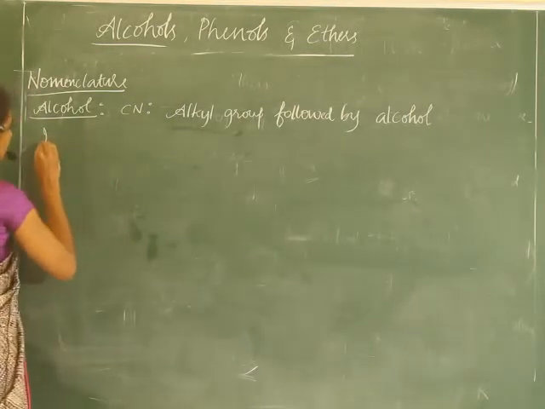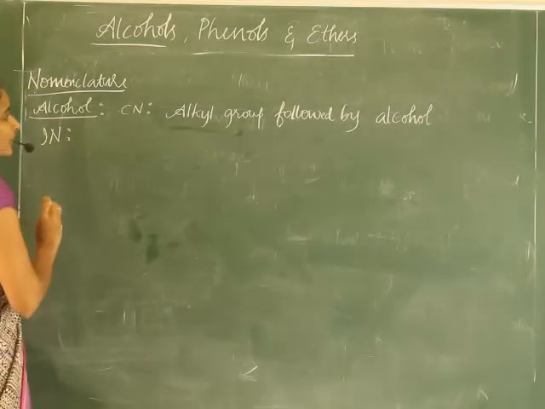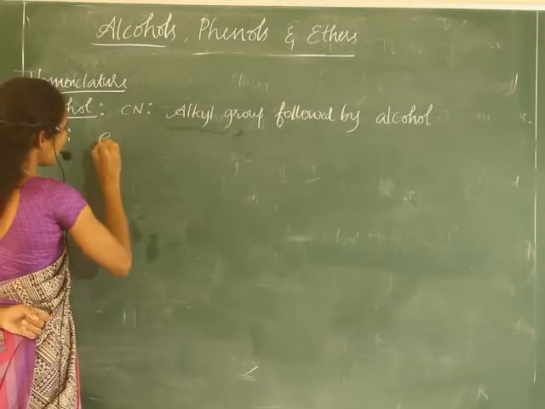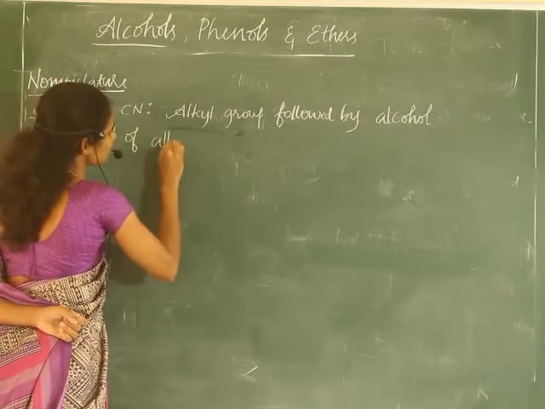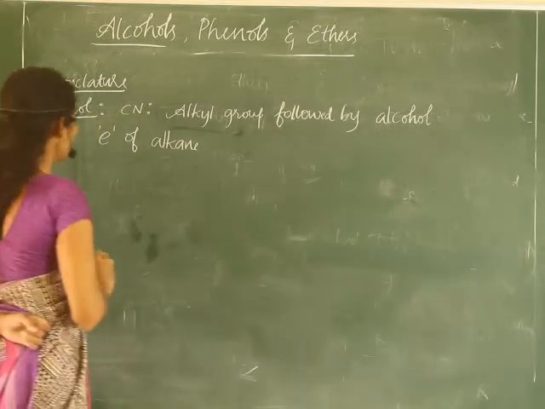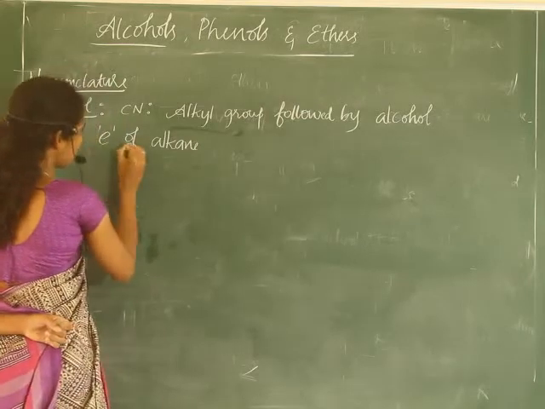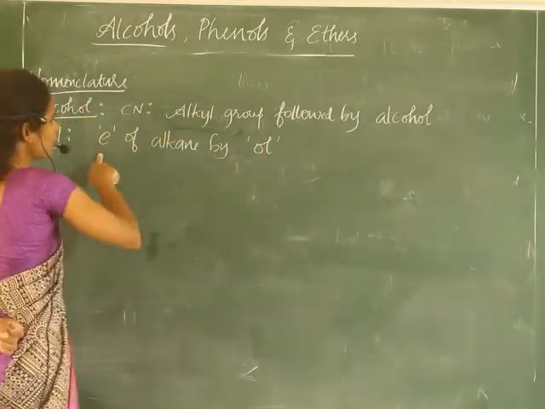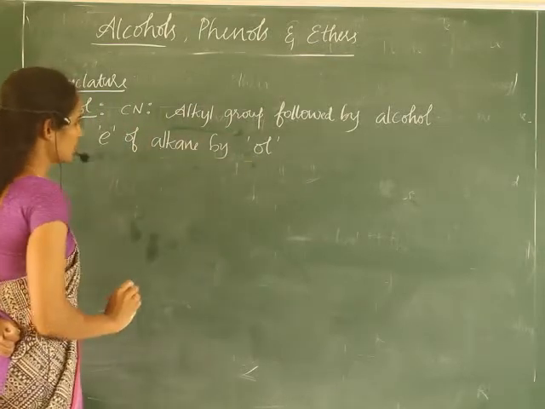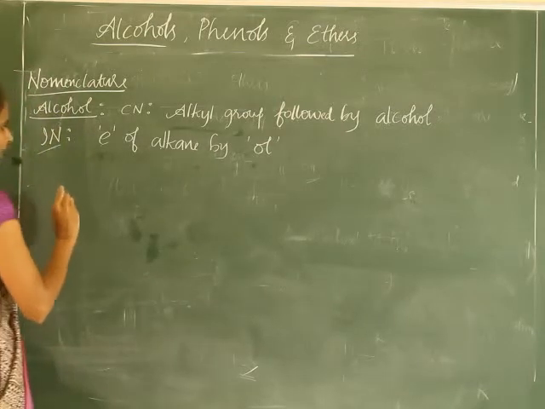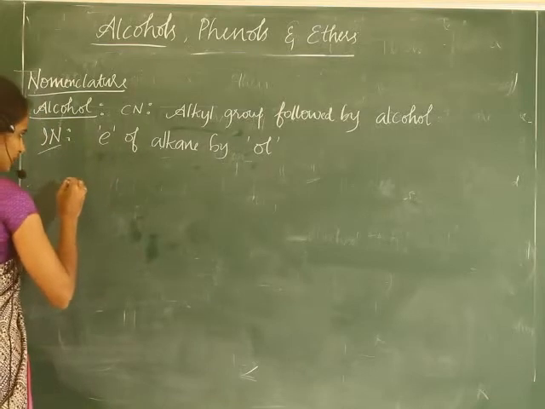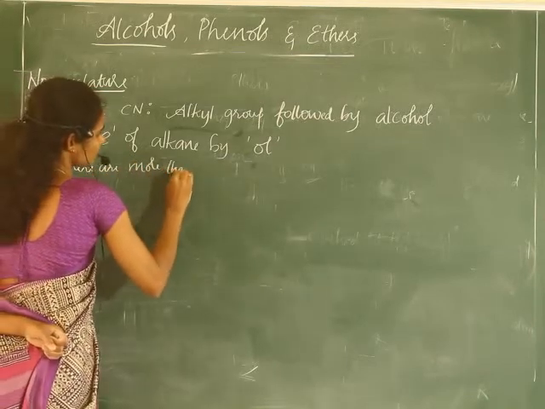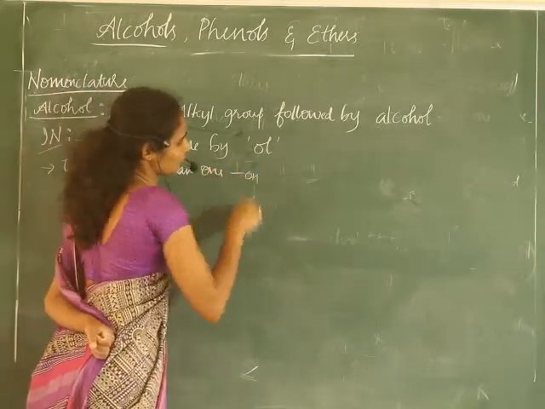In the IUPAC system of nomenclature, we replace the E of alkane by ol. Okay, we replace E by ol. If more than one OH group is present in a compound, then how do we name it?